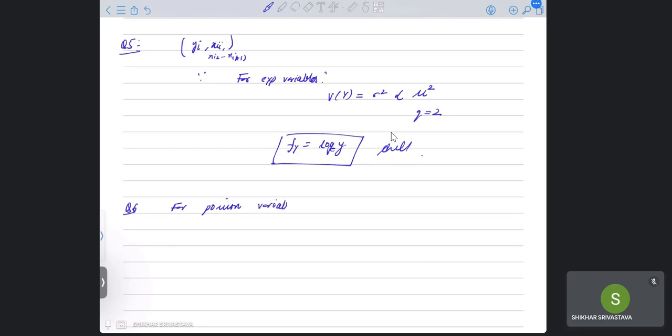If your yi's are not normally distributed but are Poisson distributed, find your variance stabilizing factor F. So for the Poisson distribution, the expectation value of y is equal to the mean only. So here also q is equal to 1. So the variance stabilizing factor f of y is nothing but y to the power 1 minus 1 by 2, which is equal to root of y.